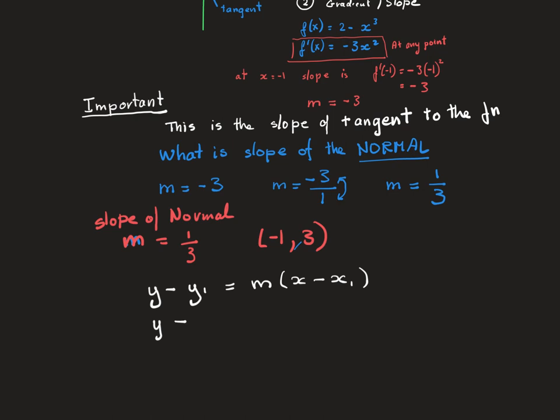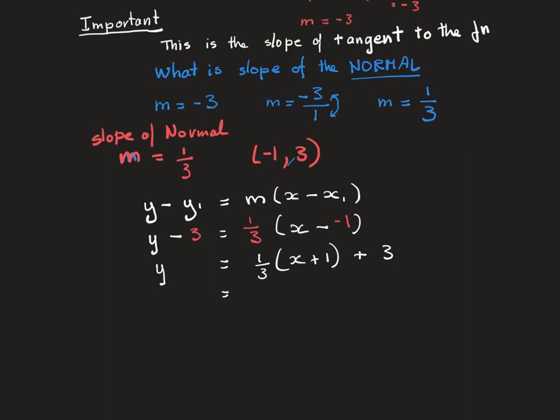y minus 3 equals a third times (x minus -1), and just simplifying this, we'll find y is equal to a third x plus 1/3, and add the 3 on that side.